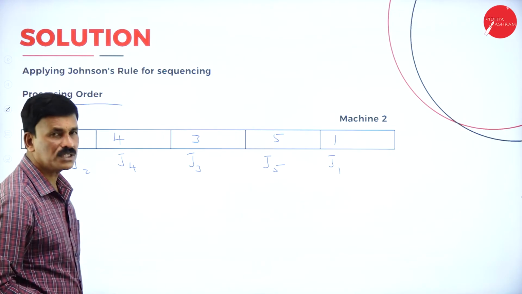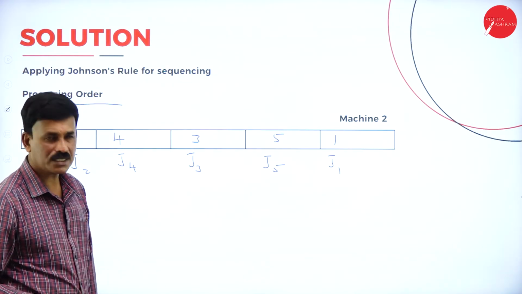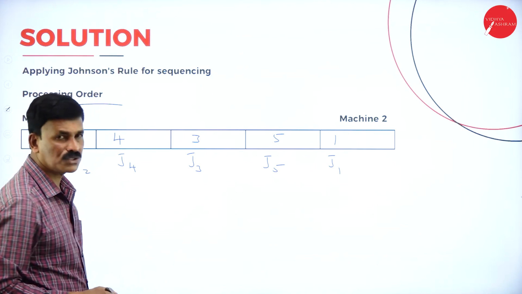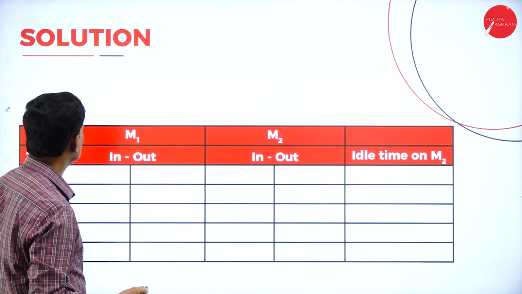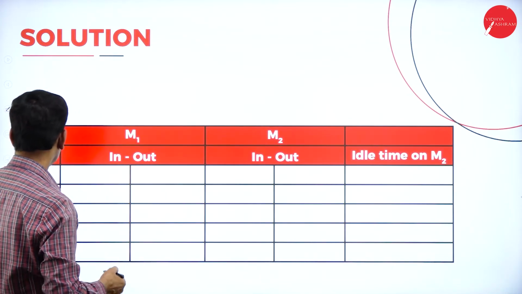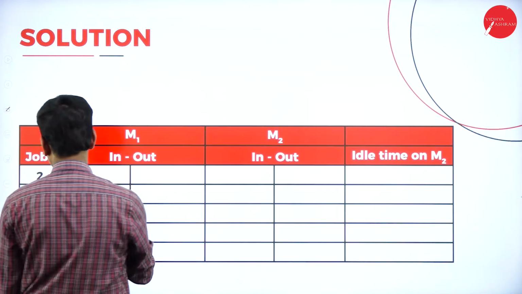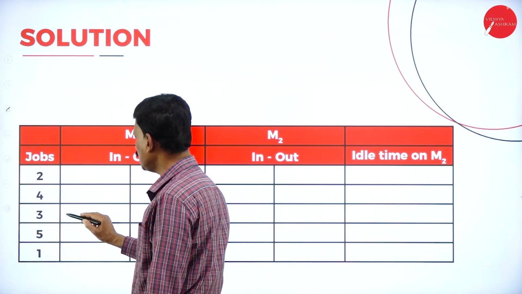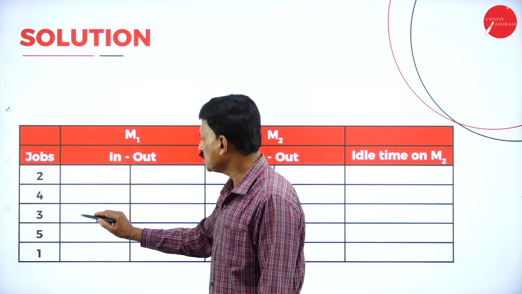Now let us find out the total time lapsed and the ideal time and the total run time. Now for this we have to calculate in and out time for the machines. Okay, let us go to the next table. So here in the in and out table, the processing order is 2, 4, 3, 5, 1.